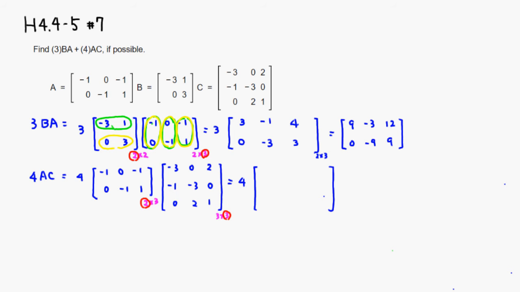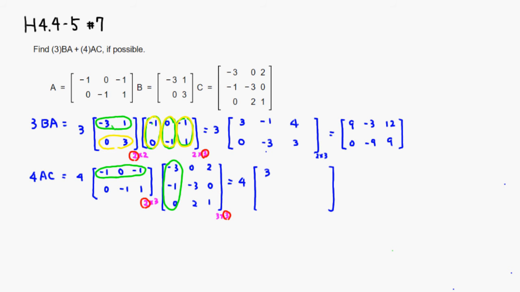Let's do that. Looking at the first row times the first column: negative 1 times negative 3 is positive 3, plus 0 times negative 1 is 0, and negative 1 times 0 is 0 as well, so it's 3 plus 0 plus 0, positive 3.